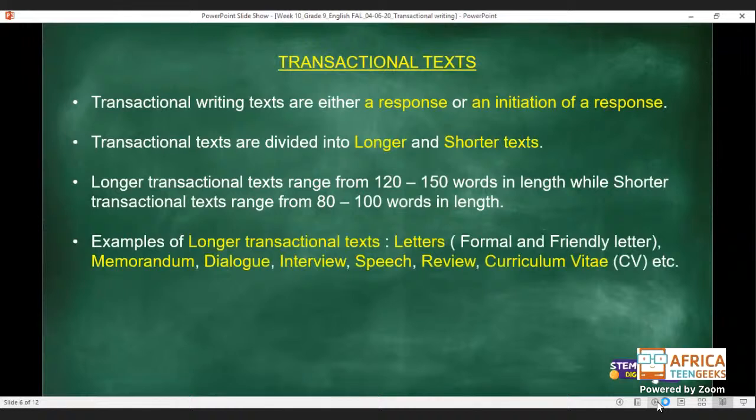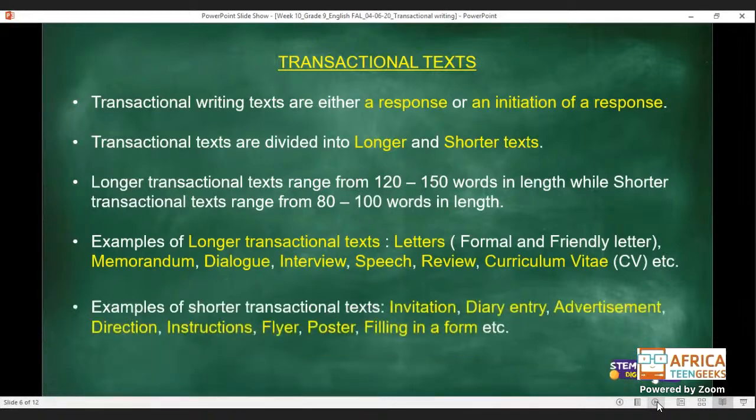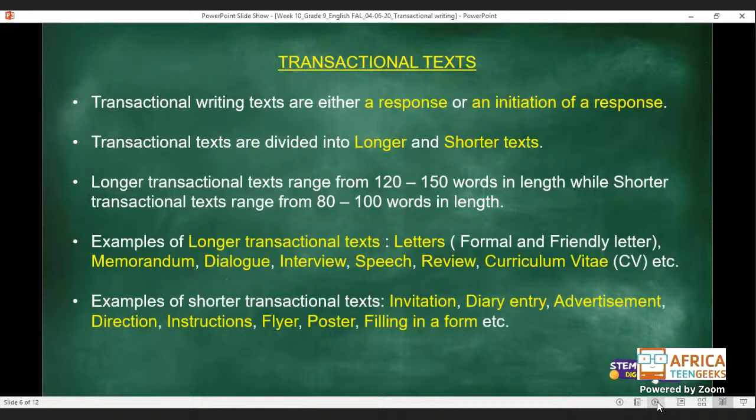Examples of longer transactional texts are letters, formal and friendly letters, a memorandum, dialogue, interview, speech, review, curriculum vitae, and you can just think of other examples on that one as well. And when we talk about shorter transactional texts, we're looking at invitations, diary entries, advertisements, directions, instructions, a flyer, a poster, filing, and e-form.